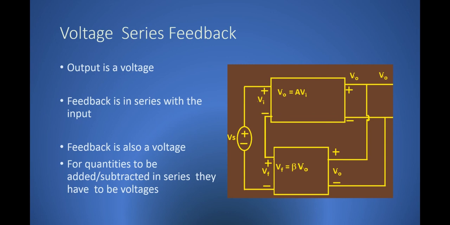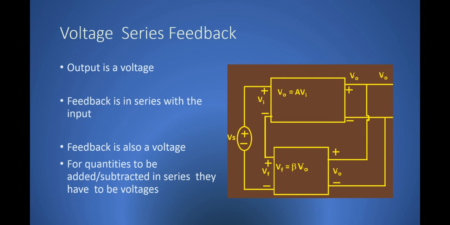So if we have series feedback, that is if the feedback path is in series with input, then feedback has to be in form of a voltage, and if feedback is in form of voltage, then input also has to be a voltage, because you can only add same quantities. You can only add or subtract voltages, or you can only add or subtract currents.